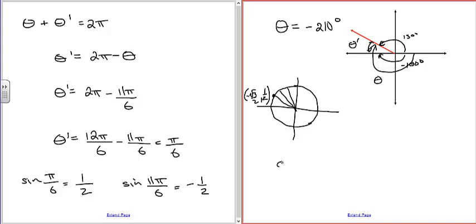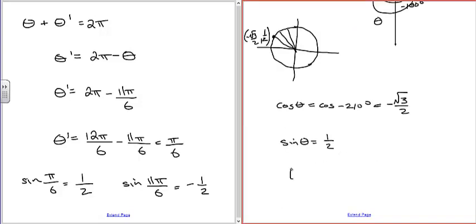So what that means is the cosine of theta, which is the cosine of negative 210 degrees, is equal to negative the square root of 3 over 2, and the sine of theta is positive 1/2. And then to find the tangent of theta, you can take the sine over the cosine.